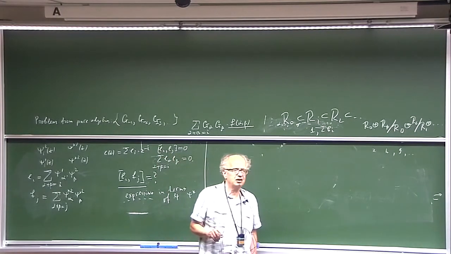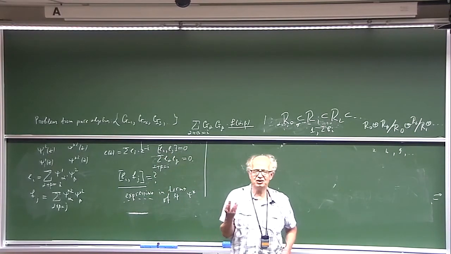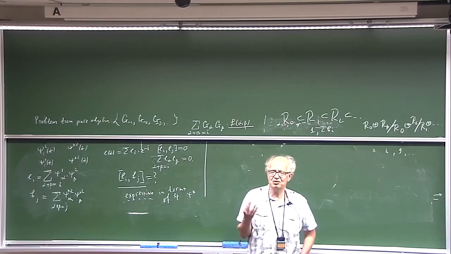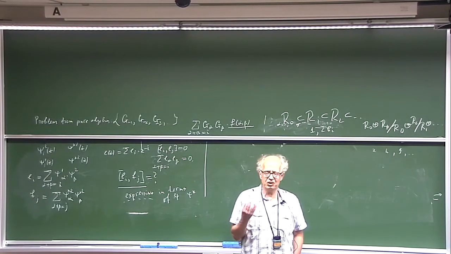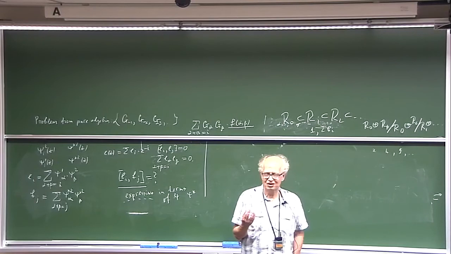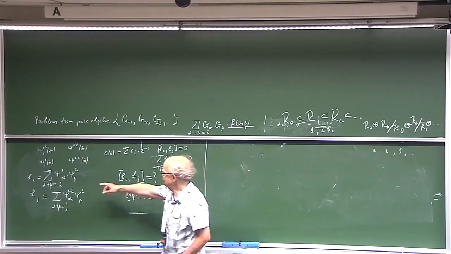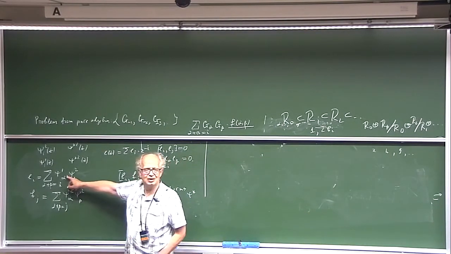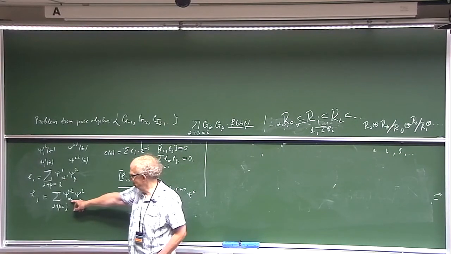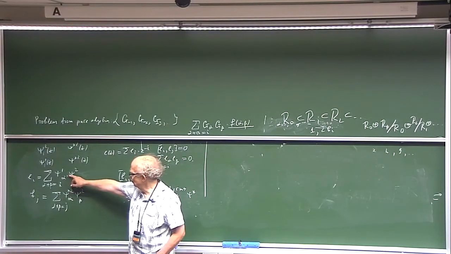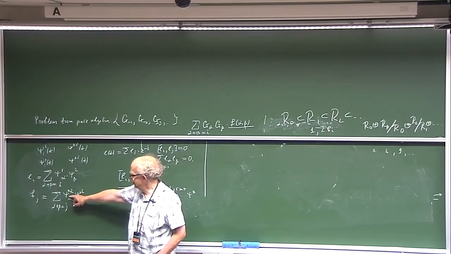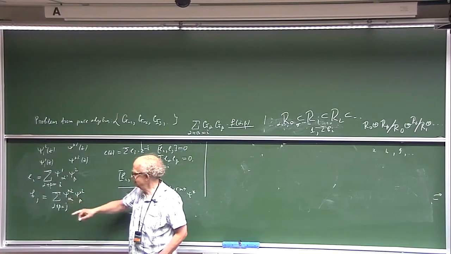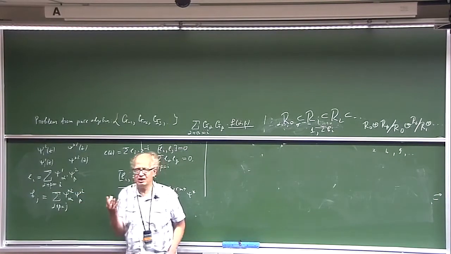And a question to you may be the following. What degree we expect? So you see, this has degree 2. This has also degree 2. This has degree 2 in psi. This has degree 2 in psi star. Then I calculate the bracket.